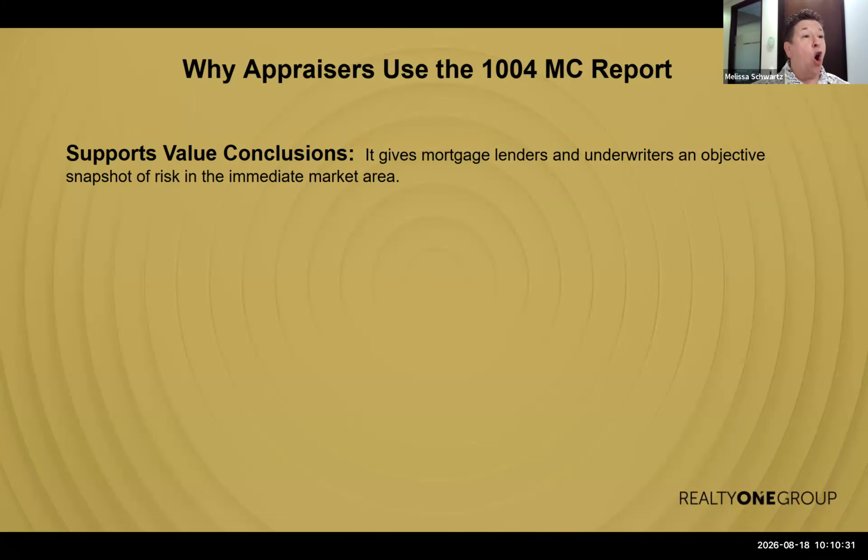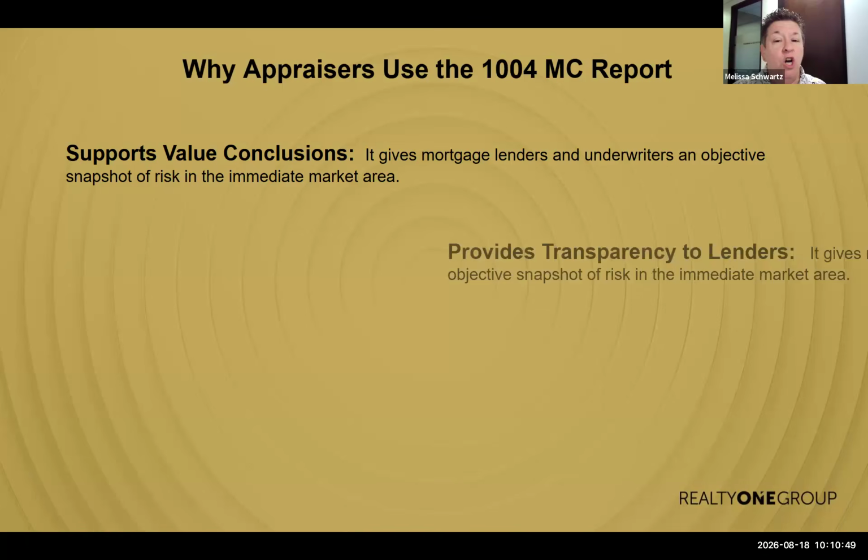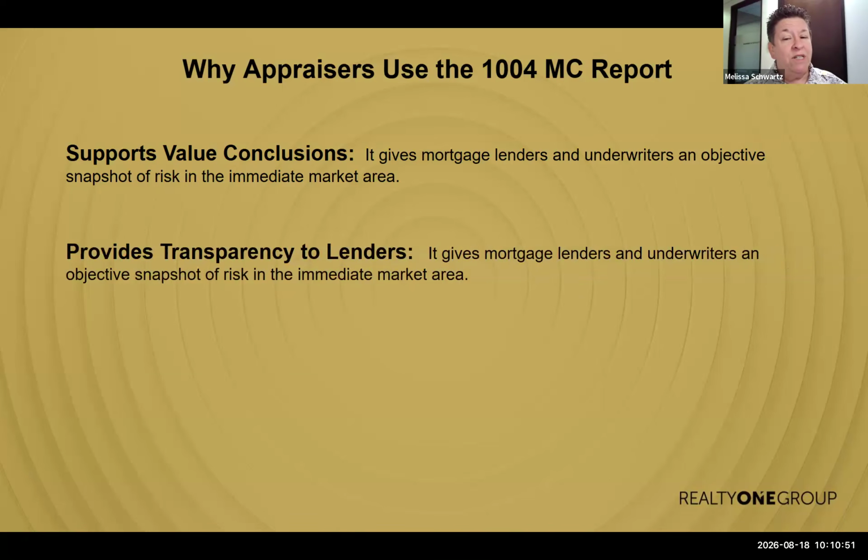Now, obviously, I'm doing all of Maricopa County, right? But when we narrow it into the 10-mile radius, and that's still even huge, right? But you narrow it into a neighborhood, you can see, is that neighborhood going up? Is it going down? Is it flat? And that's what they're looking at. What's happened over the last year? So it provides transparency to lenders.